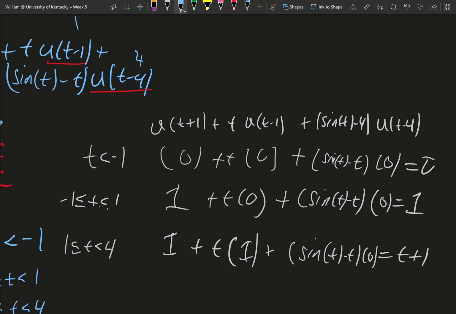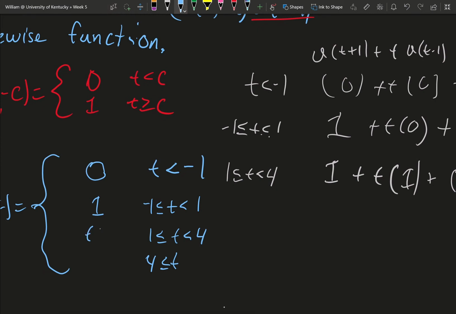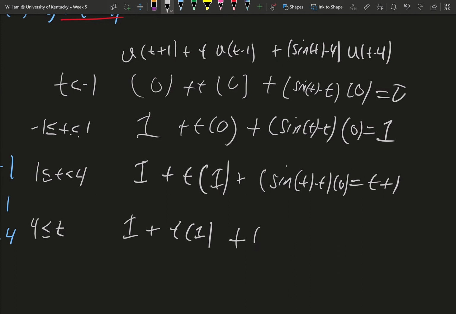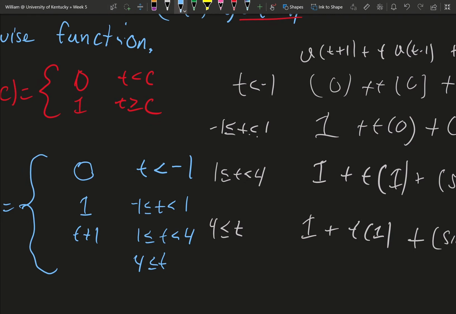And so our function is going to be equal to t plus 1. And lastly, if t is greater than or equal to 4, and if we do 1 plus t plus sine of t minus t, we end up with sine of t plus 1.